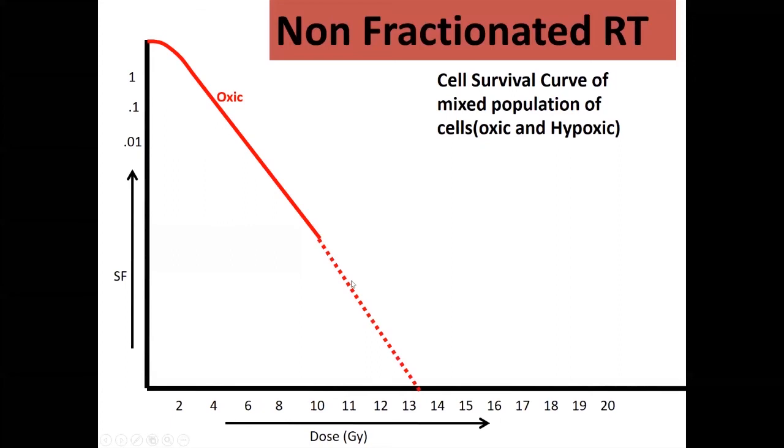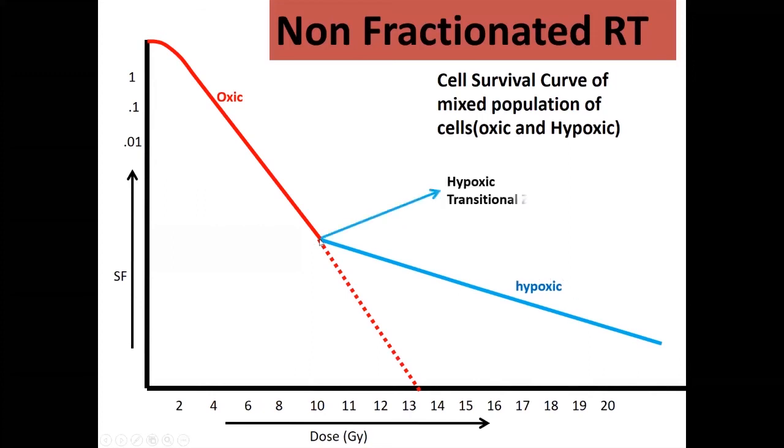But since hypoxic cells are also there, which are relatively radioresistant, the survival curve becomes shallower, and this belongs to hypoxic cells. So there is a transition from the oxic cell survival curve to the hypoxic cell survival curve, and this is called the hypoxic transitional zone, and it is usually achieved at a higher dose of 10 gray.